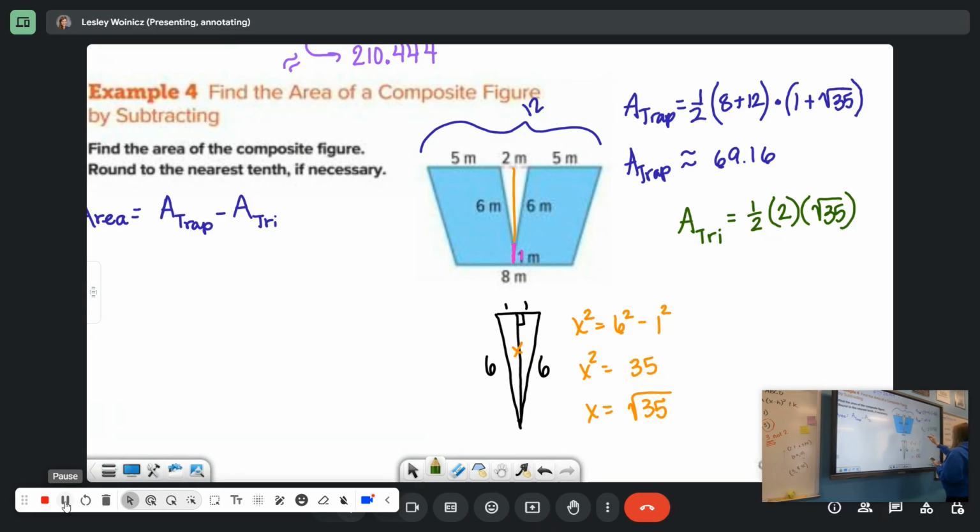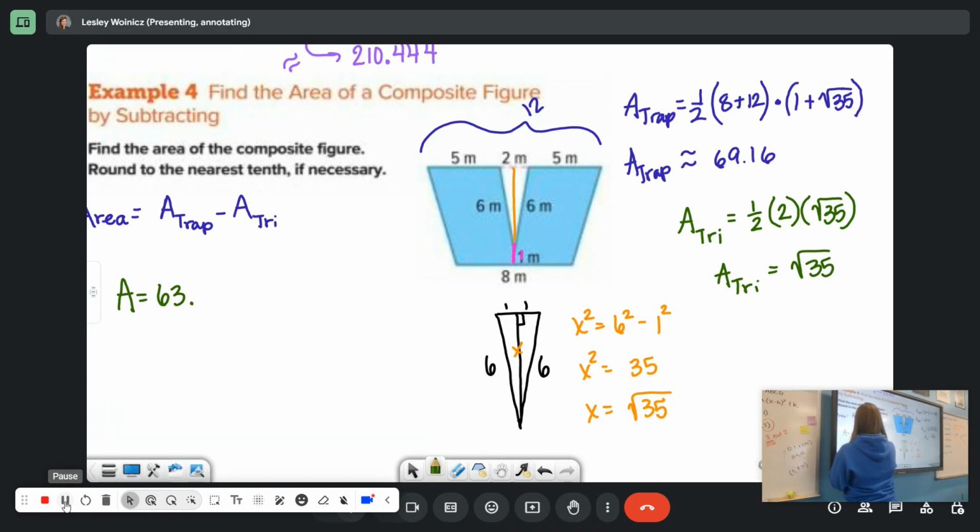That's just root 35. So I just have to subtract the root 35 from the 69.16. So our total area is 63 point, so round to the nearest tenth, 63.2 meters squared.